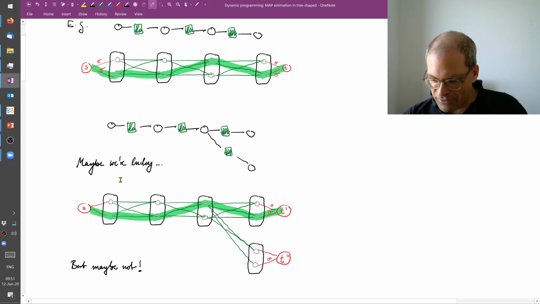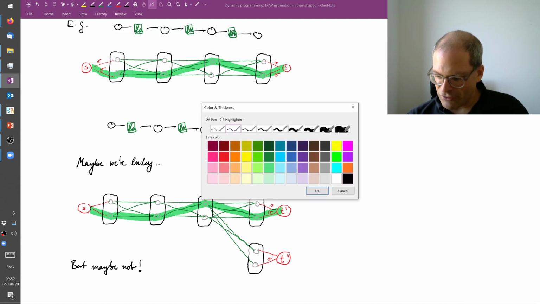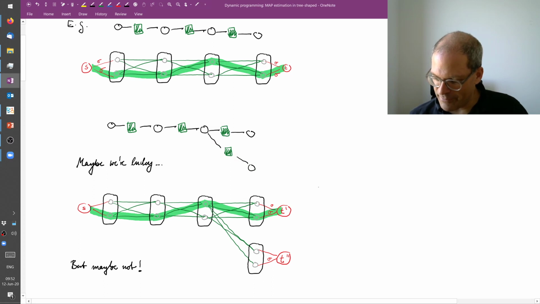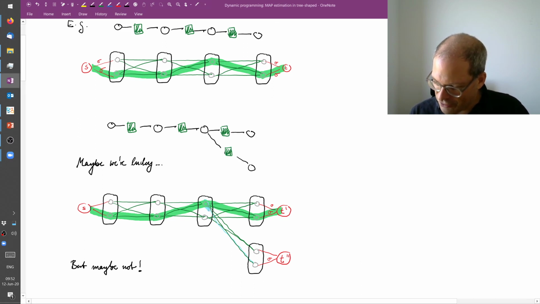All right, so let's say now I'm looking for the shortest path from S to T prime, and I'm looking for the shortest path from S to T double prime, and maybe I'm lucky, so maybe the shortest path continues here. And why do I say lucky?